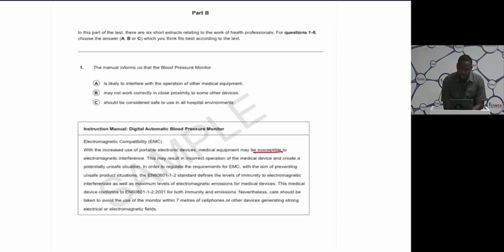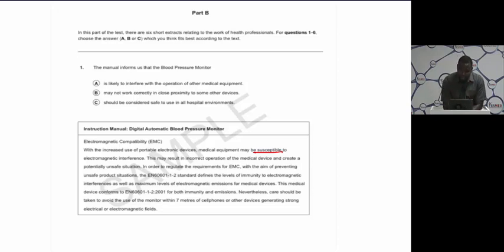It gives instructions here. It says, in order to regulate the requirement for EMC, electromagnetic compatibility, with the aim of preventing unsafe product situations, the EN 60601-1-2 standard. So that is a standard given to this particular thing.